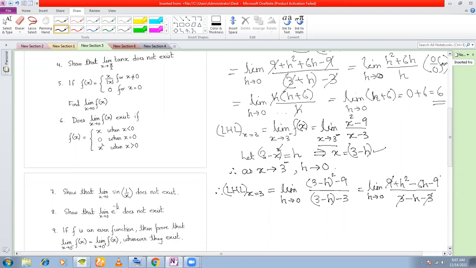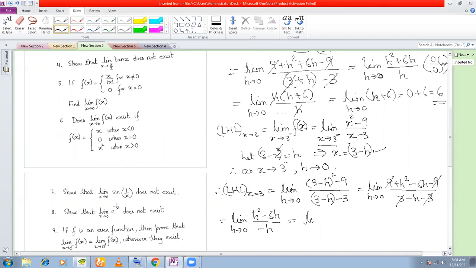In the numerator, plus 9 and minus 9 cancels. So you get here limit h tends to 0 of (h square minus 6h) divided by minus h. Now here again, if you put h is equal to 0 in this, then you'll get an indeterminate form, again a 0 by 0 form.